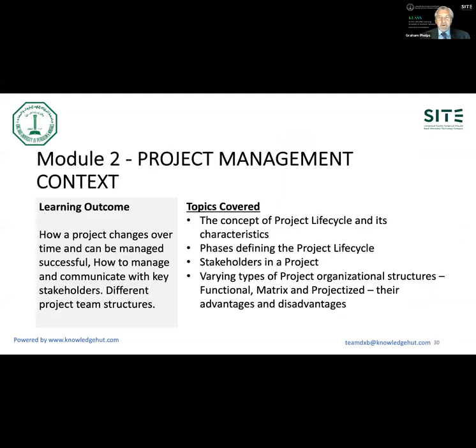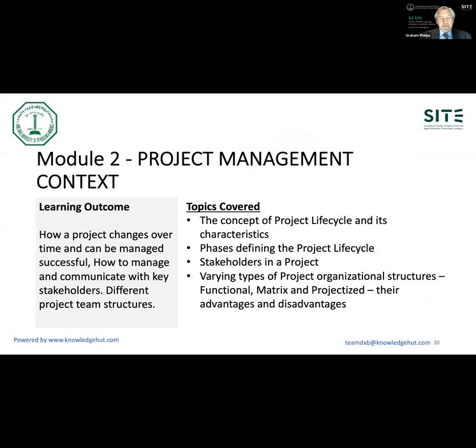Now, module 2, having now got the introduction sorted, now that we have a good foundation grasp of what good project management is, let's look at the context and some more terminology. In this topic, we're going to look at what we call the project life cycle. We're going to look at the phases of the project life cycle.